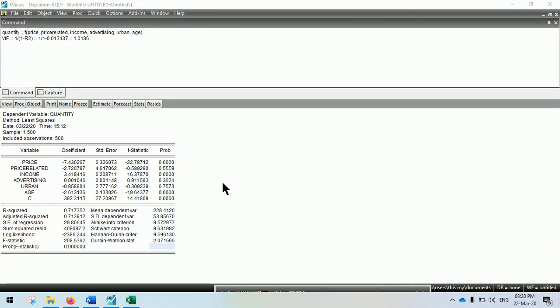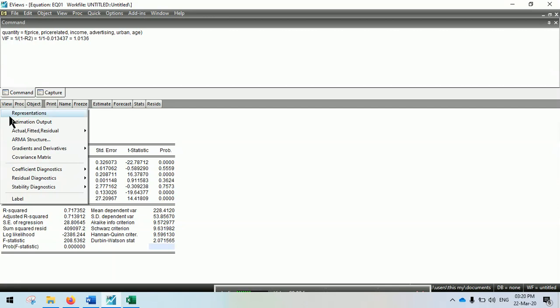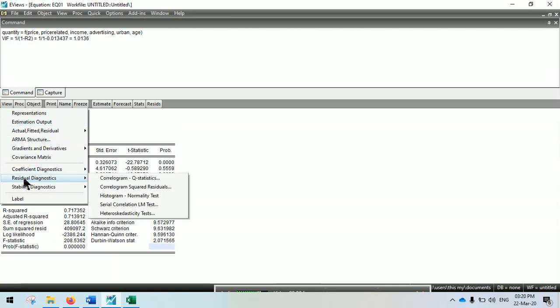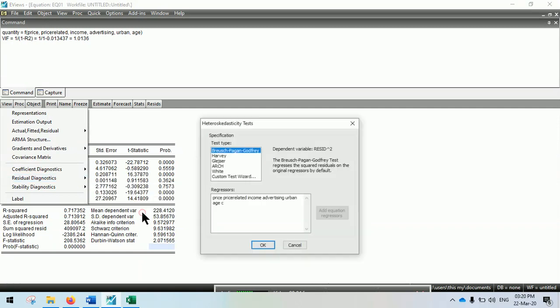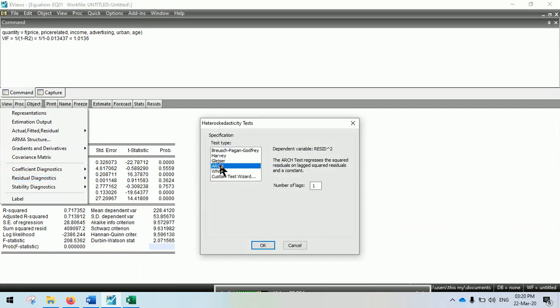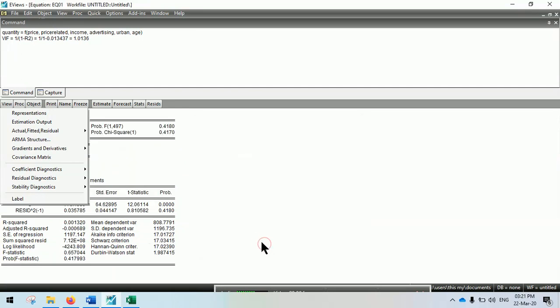As I say, we go first for the hetero problem and how we detect it. So I go here, view, then residual diagnostic, then you can see here heteroscedasticity test. So I choose ARCH, put OK.